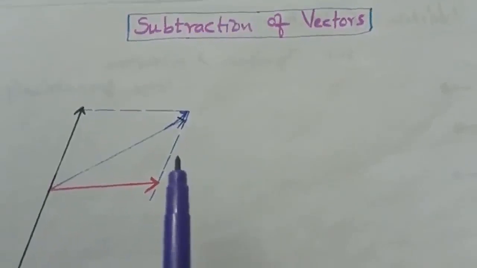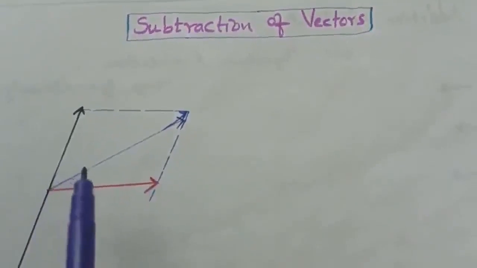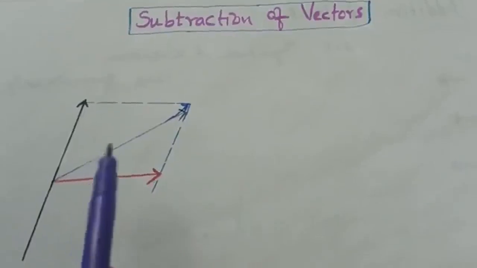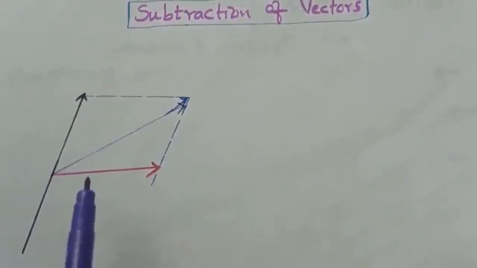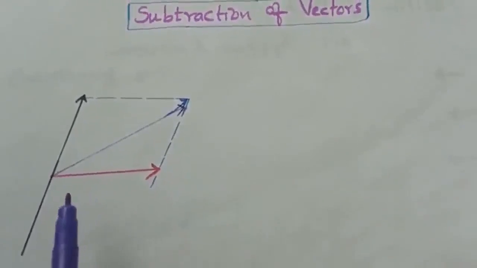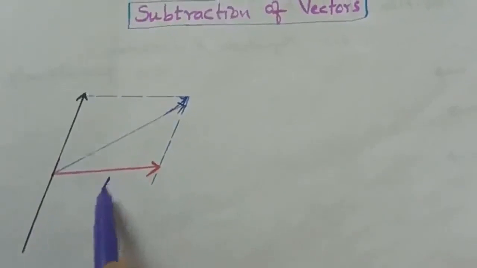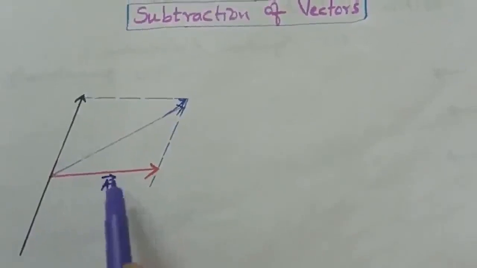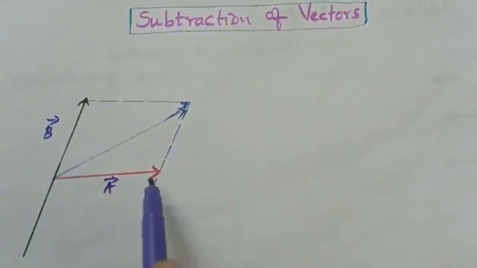We shall now discuss subtraction of two vectors geometrically. Now listen. Take two non-zero vectors, one is the A vector and another one is the B vector. Both are along the positive direction.